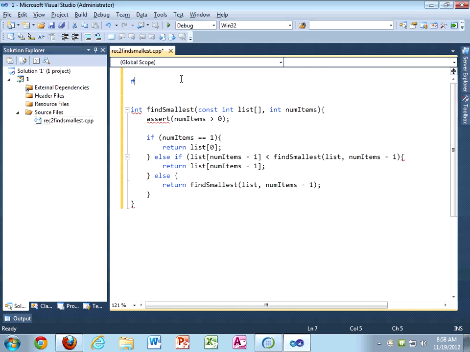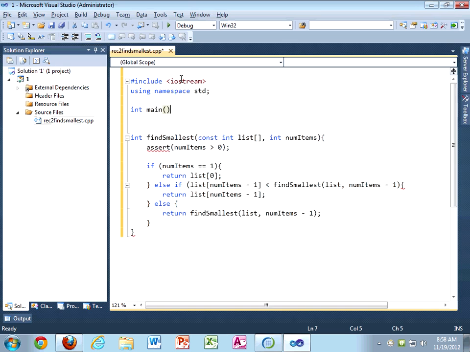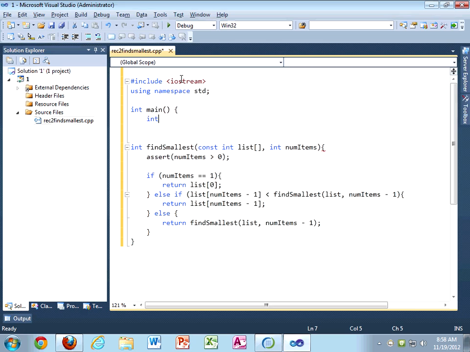Okay, so let's go ahead and test this out. So we could say int mylist 100, and then we can initialize it to just some random numbers: 4, 6, 2, 9, 5, 1, 7, 3. You still need the prototype.